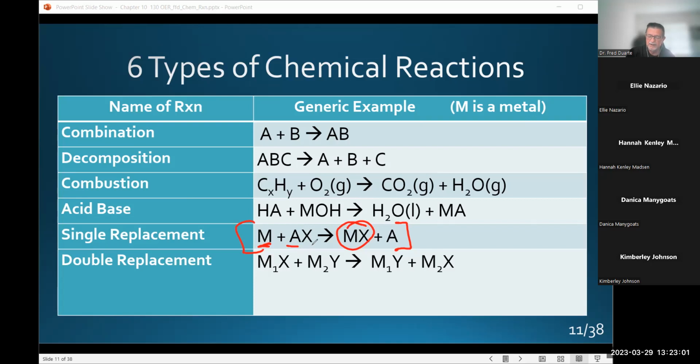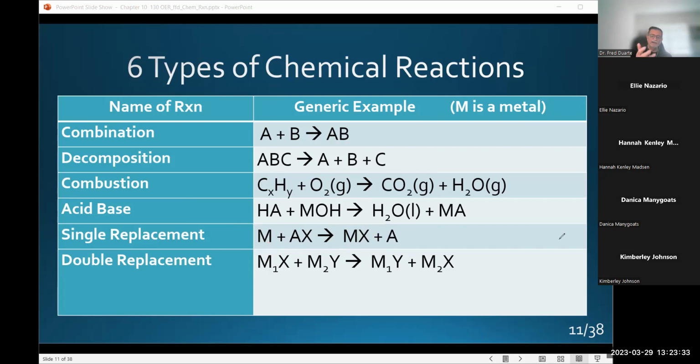So even though A is in ionic form, when we compare the metals, if M is a lot more stable in ionic form, the reaction proceeds. If A is a lot more stable in ionic form than M, then there's no reaction. So we have another go, no go scenario. But we're going to go through some examples to figure it out.